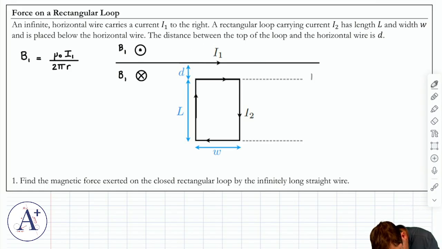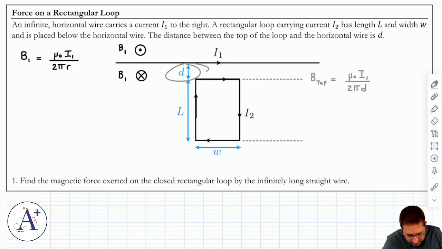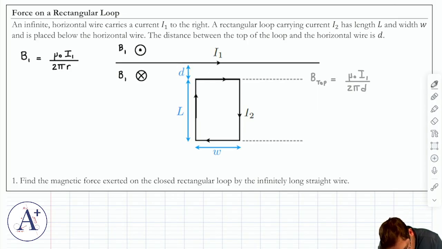So here I'm going to have a magnetic field, perhaps I'll call it B top, equal to mu naught I1 divided by 2 pi d, because that's the distance between the wire and this top side of the rectangle. And it's going to be into the page. Down here it's going to be into the page, but it's going to have a different magnitude.